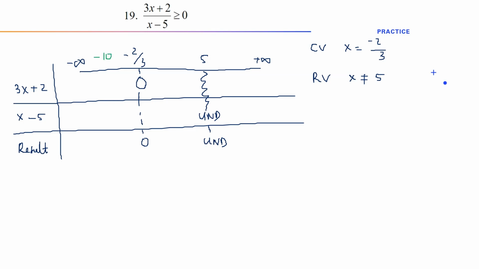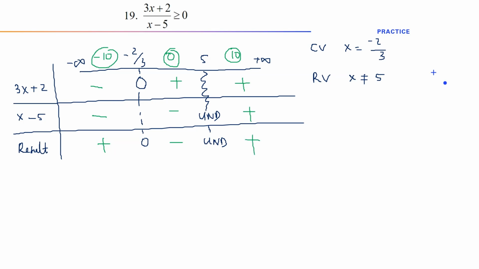Negative 10, 0, 10. Negative 10: 3x plus 2 is negative, x minus 5 is negative, so positive. 0: plus and minus. 10: plus and plus.